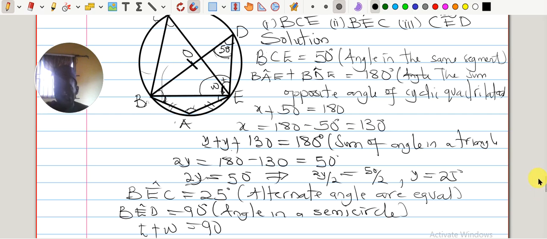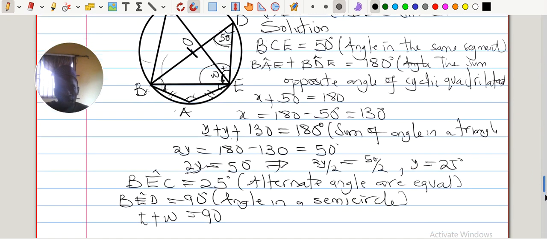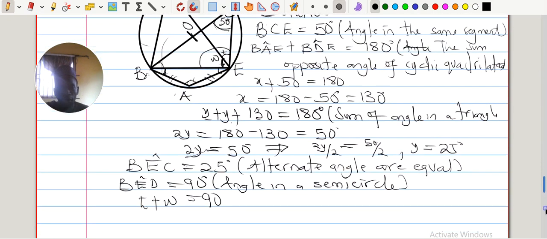Now the next line of action: my W is 25 degrees, which is this one here, my BEC. Let me put it here. Now we can see t plus 25 degrees equals 90, right?